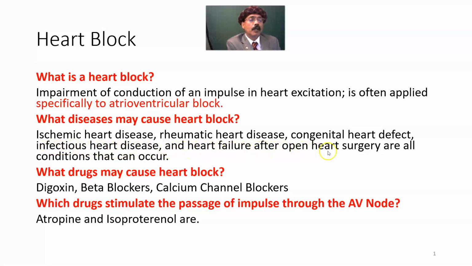After open heart surgery are all conditions that can occur in the heart that may be related to heart block. What drugs may cause heart block? Digoxin, beta blocker, calcium channel blocker.